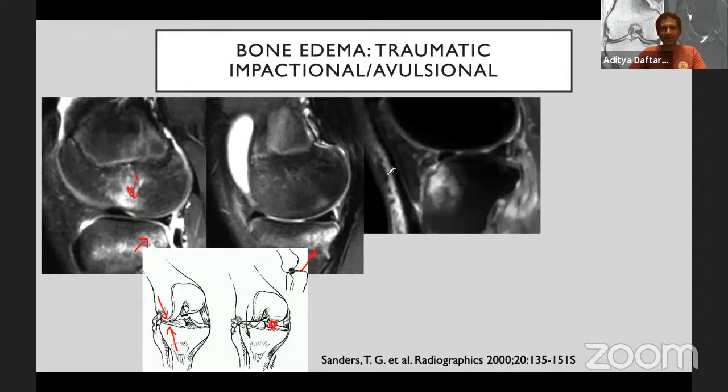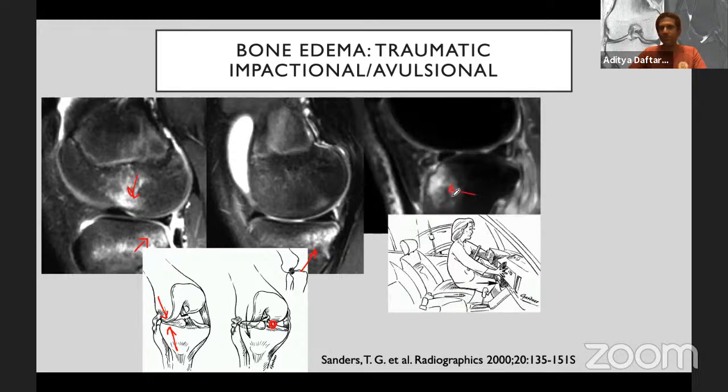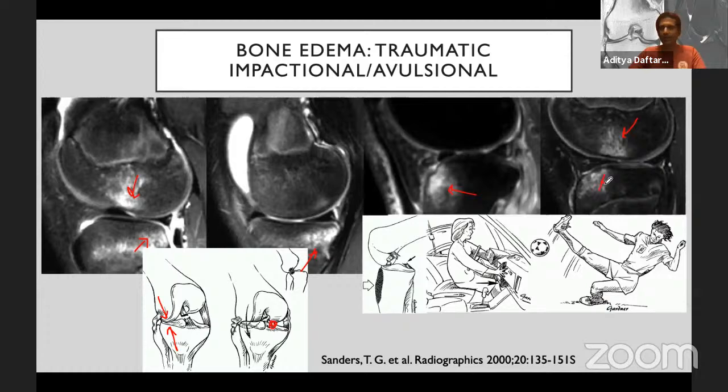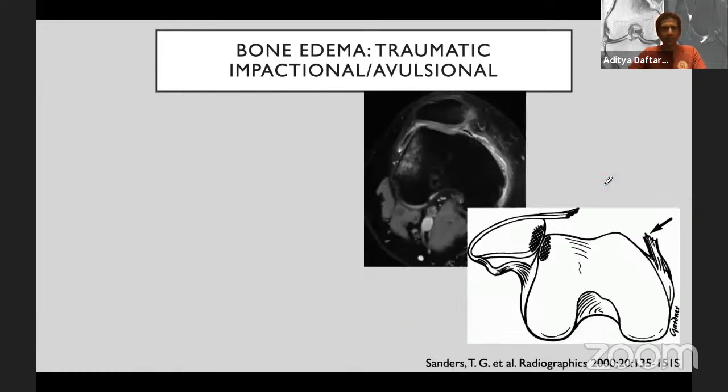Similarly, you can have an impactional bone marrow edema anteriorly here at the tibial tuberosity, which makes you think of a dashboard injury, and you know this patient is probably going to develop or have a PCL injury. And similarly, you can have this sort of kissing contusions anteriorly in somebody who's had a hyperextension injury and who would also potentially be a PCL rupture. You can have impactional injuries we talked about earlier.